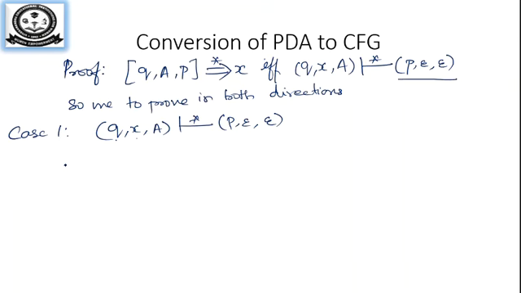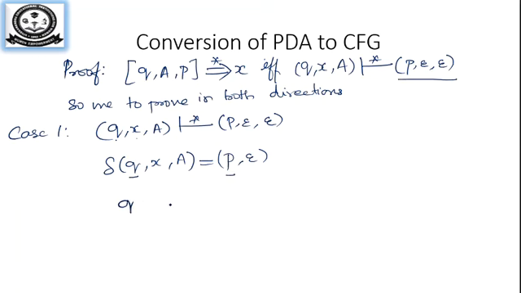So let us take the base condition. The base condition is delta of q comma x comma a equal to p of epsilon. So I will take it that if you have an input string x, then you will do a pop operation. How do you write the production rule? As I said before, this is the starting state, this is the end state.